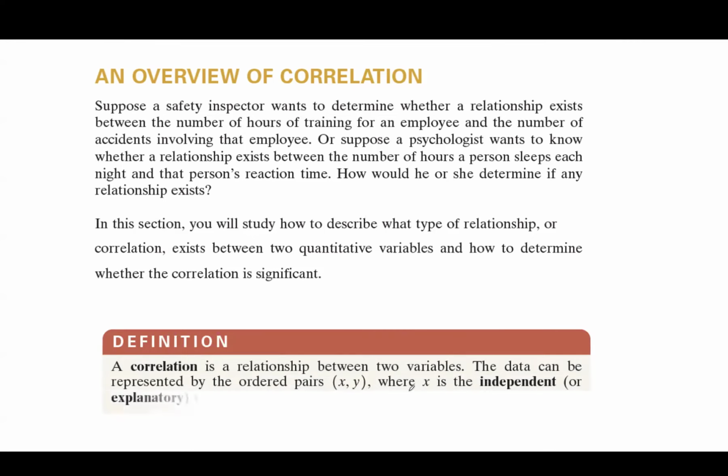In statistics, in data science, in machine learning, we call x the independent or explanatory variable, and y is called the dependent or response variable. So if you open different data science or machine learning books, you might see independent or explanatory, and for the dependent variable, you might see response.